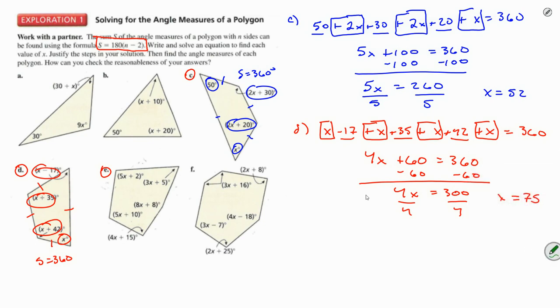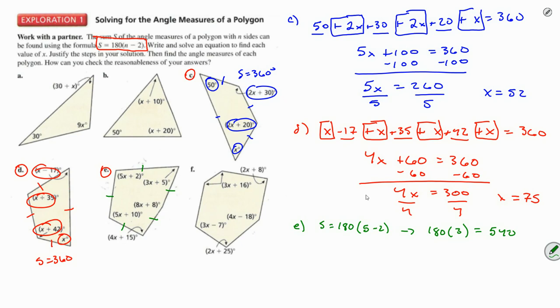One more. Okay, so 1, 2, 3, 4, 5. Okay, I don't know in a pentagon what the interior degrees is, so I'm going to go S equals 180 times 5 minus 2. That'd be 180 times 3. That'd be 540.